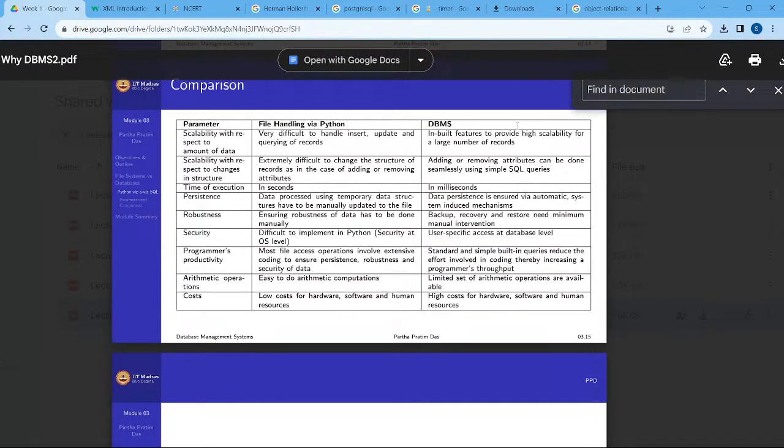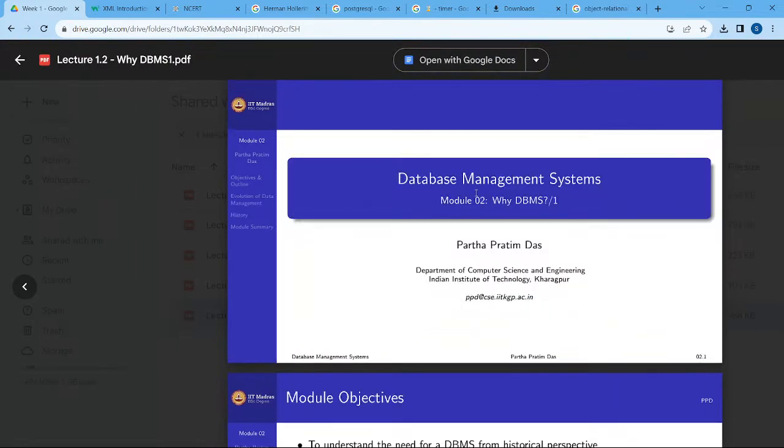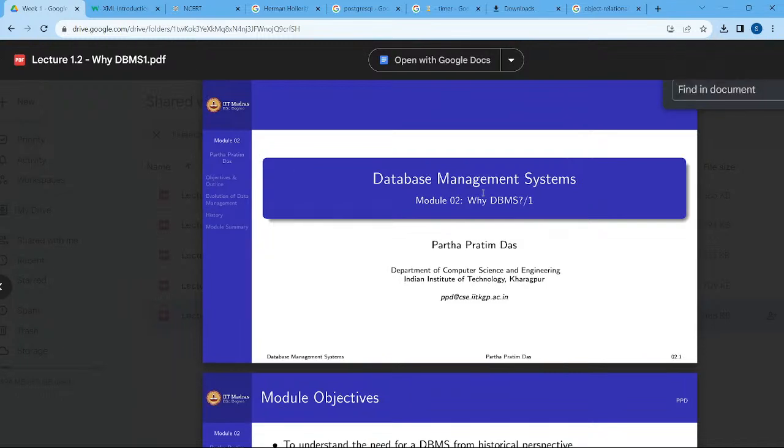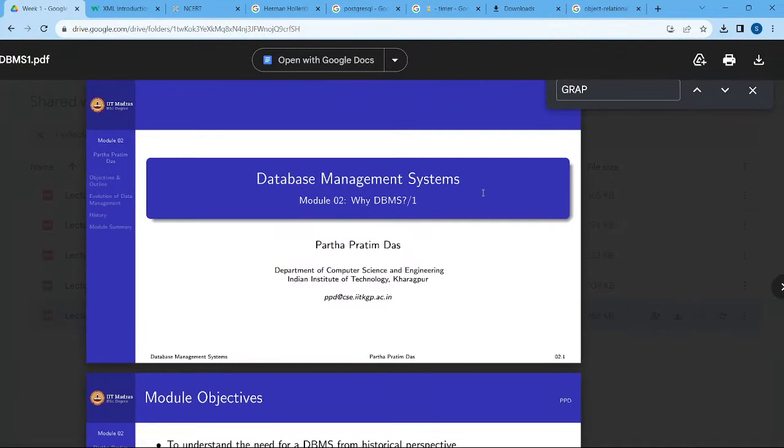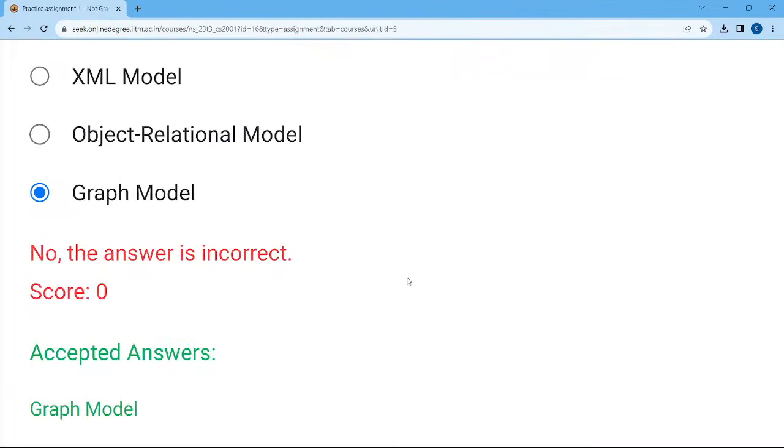Control F, graph. No mention of graph. I don't think there is. Control F, graph. Okay, so this is something new that we have to remember.